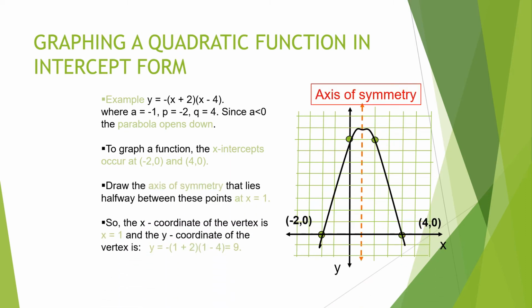Since the x-coordinate of the vertex is 1, the y-coordinate of the vertex is y equals negative times the quantity of 1 plus 2 times the quantity of 1 minus 4, so the value of the y-coordinate equals 9. So the vertex of the function is 1, 9.